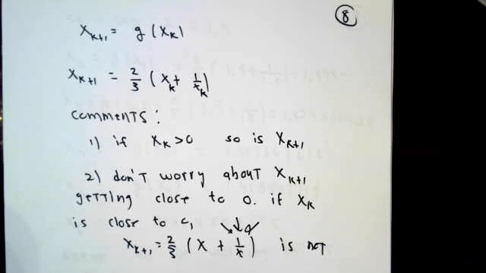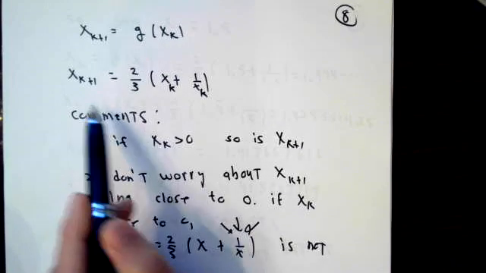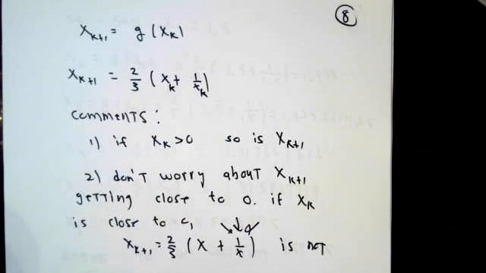A couple of comments are in order. If you have a certain xk and you have a positive xk and you feed it through this result, xk plus 1 is going to be positive as well.